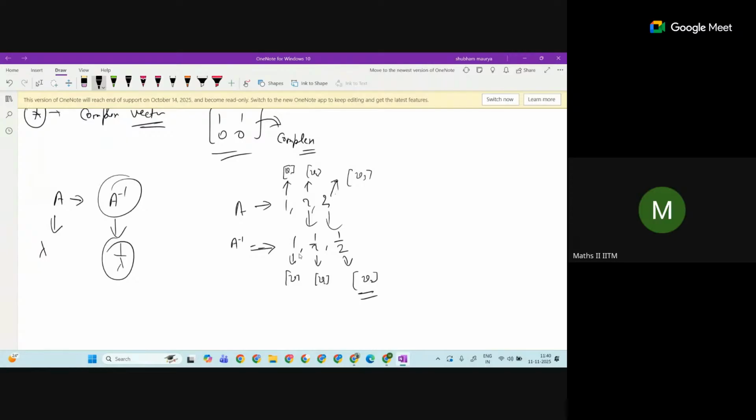Only the numbers are inverted. The algebraic multiplicities of A and A inverse are the same for a particular lambda, and the eigenvectors are going to be the same for A and A inverse.